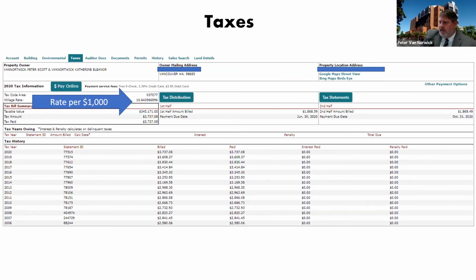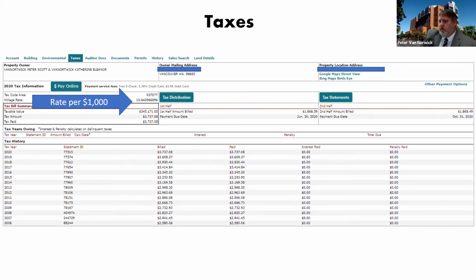Or if it's new construction, a good rule of thumb is property taxes tend to run about 1% of the property value. So if you're selling a house for, let's say, $500,000, you're usually pretty safe if you estimate the taxes to be about $5,000, or 1%.